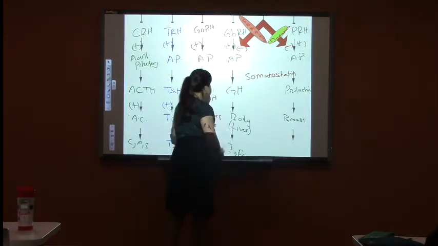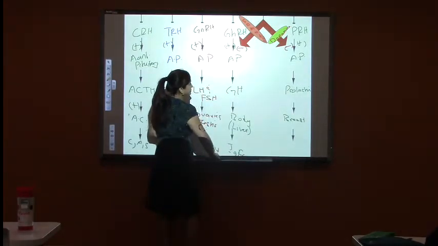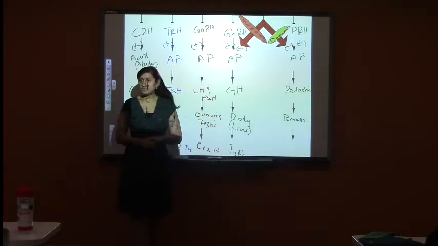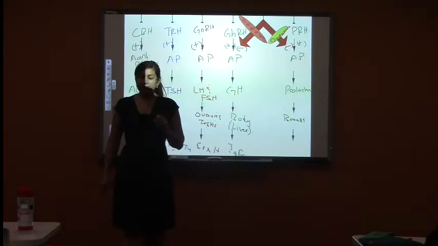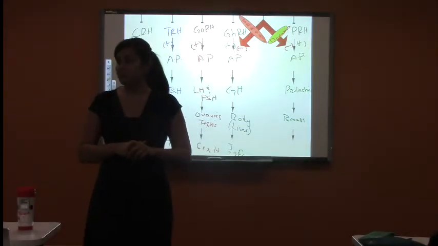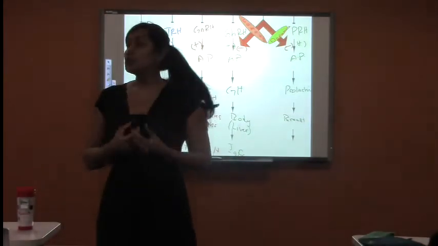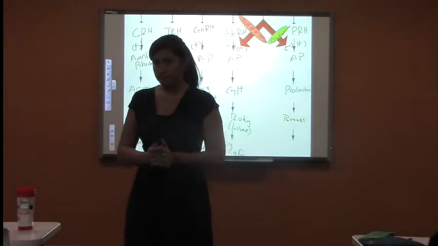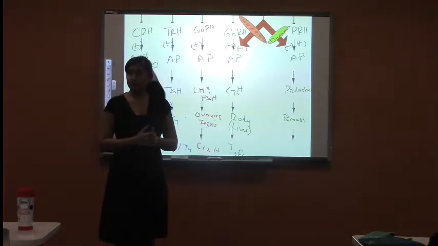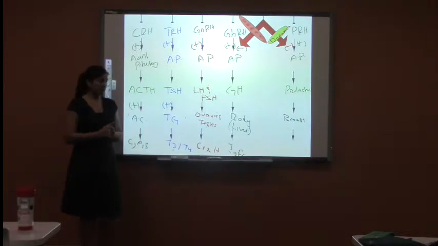Okay? Does that make sense? So, dopamine, when it's released by the hypothalamus, will travel to the anterior pituitary. It will inhibit the anterior pituitary from releasing prolactin. Okay? Does that make sense? Okay.